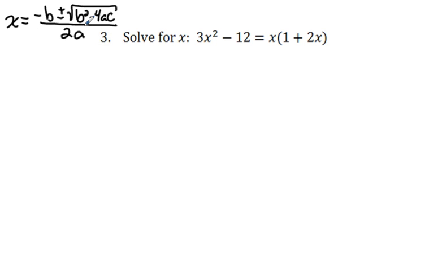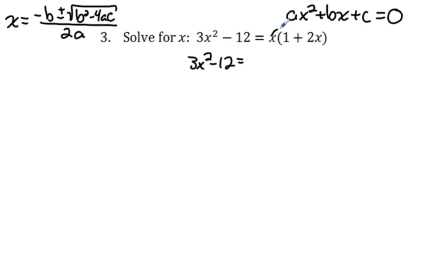We're going to use this formula to solve this equation. The first thing we got to do, though, is get this in standard form, which means we have to get it to look like ax squared plus bx plus c is equal to 0. We have to get it like this first before we can identify what a, b, and c are. So in order to do that, we got to distribute this x. This side is just going to stay the same for now, 3x squared minus 12.